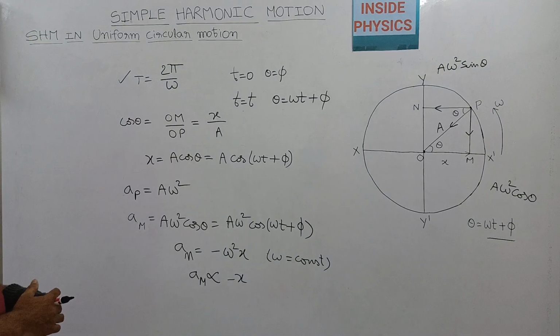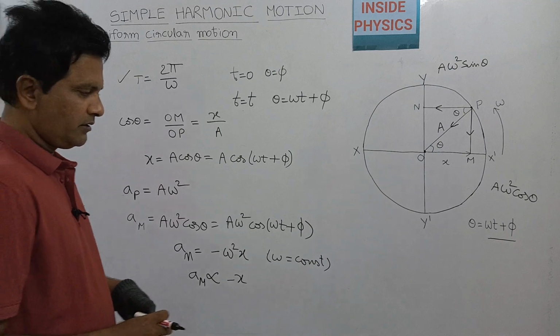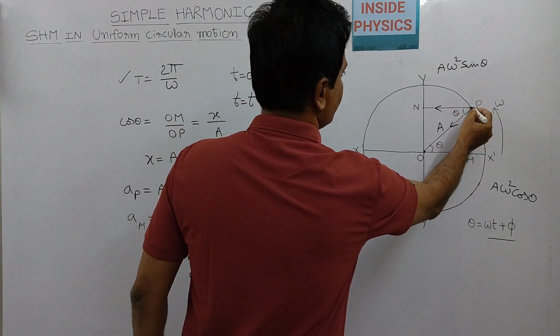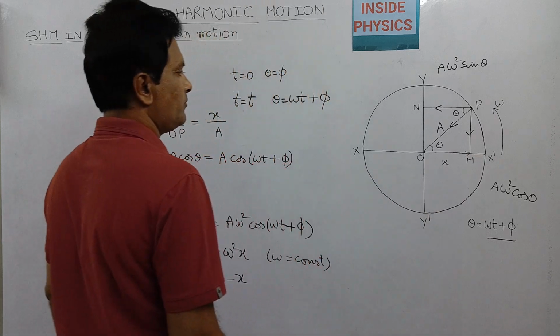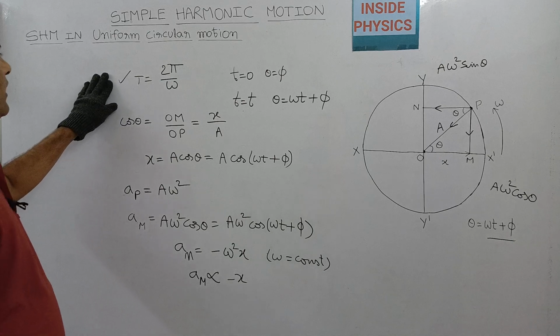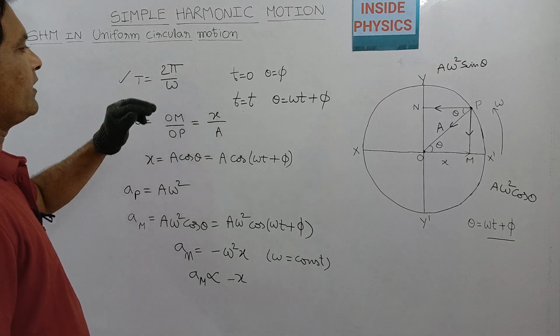So in this way, first we proved that the projection Pm of the particle moving in uniform circular motion is periodic, and the time period of the projection is T equal to 2 pi by omega.